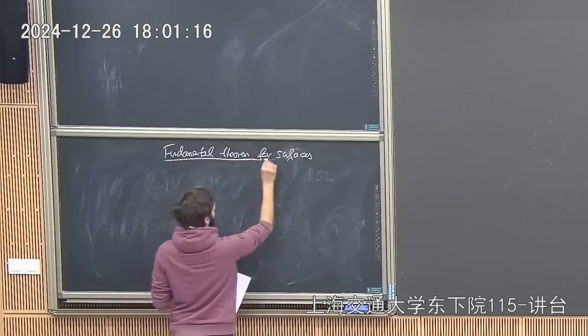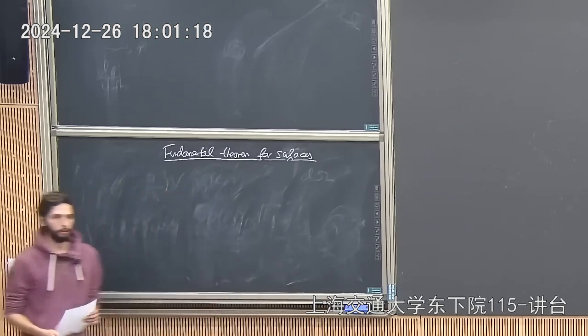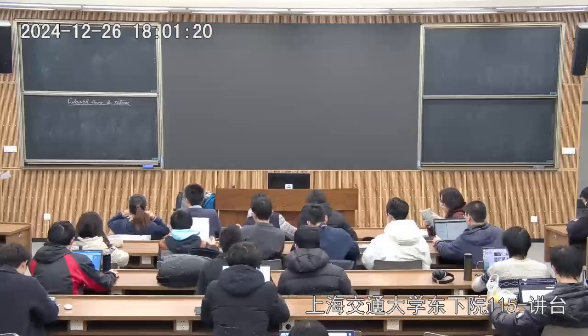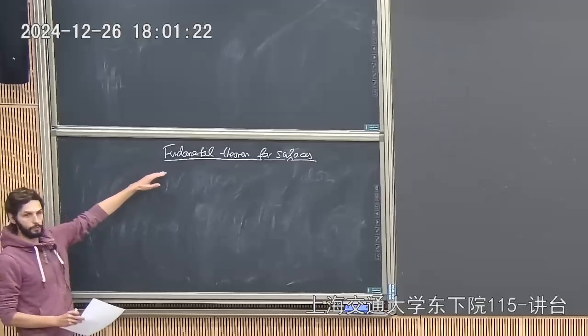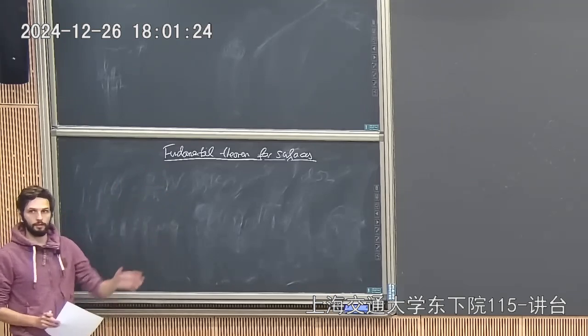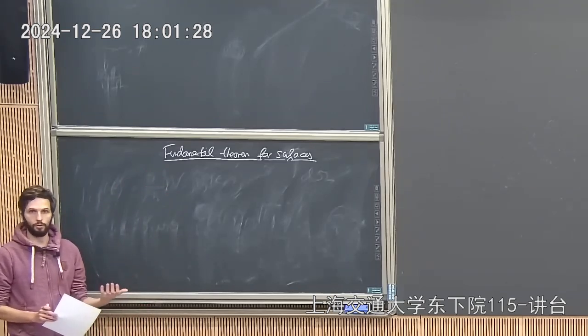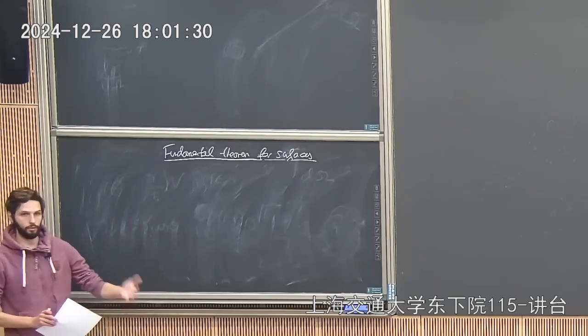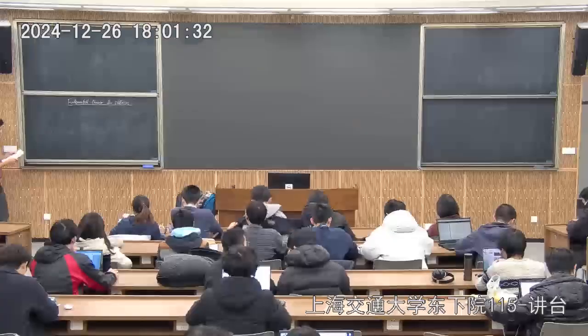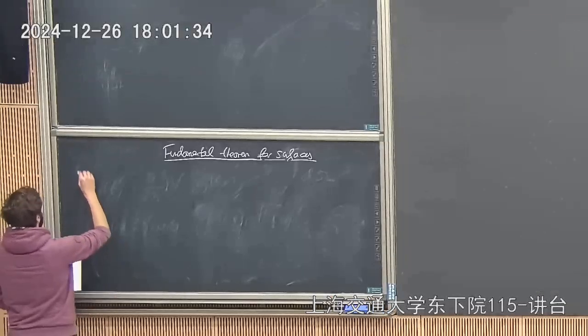So there are a lot of fundamental theorems. We already have seen the fundamental theorem for curves, which was saying that once you give me the curvature function and a torsion function, I can reconstruct the curve that has that as a curvature and a torsion. So that was for curves.